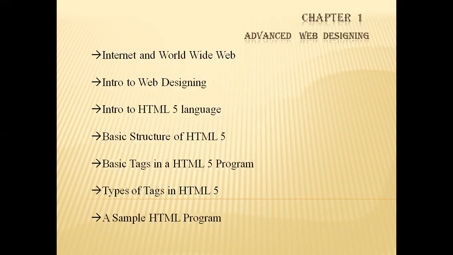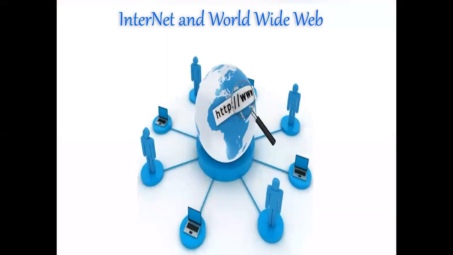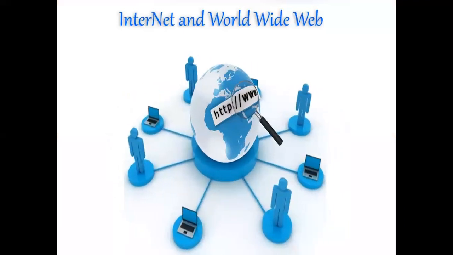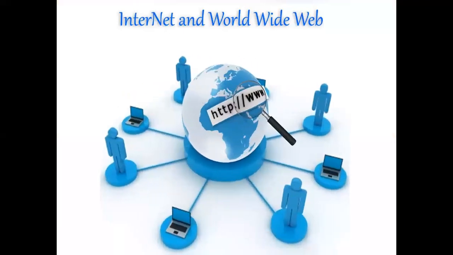Before I start, I'll go for a brief introduction on the Internet and the World Wide Web. Internet is a powerful media to transmit information. Pages of information displayed on the Internet are referred to as web pages. The standards and formats for presenting text and graphics on the Internet are developed and approved by the World Wide Web governing authorities.